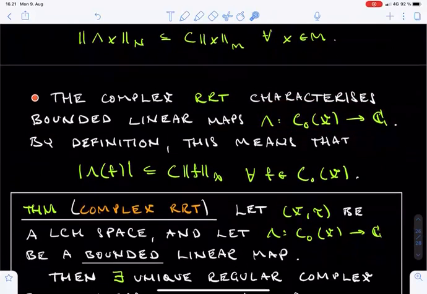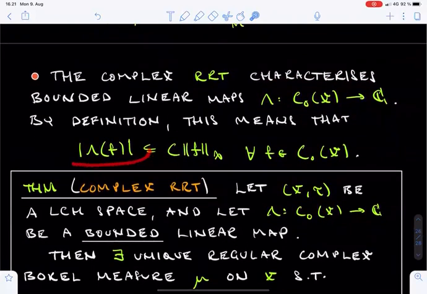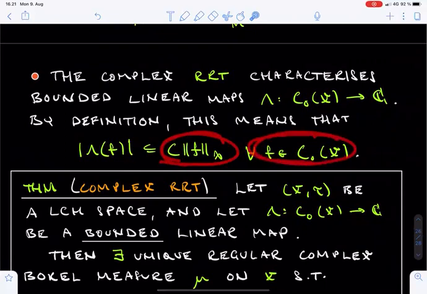For such maps lambda, boundedness means that the absolute value or complex modulus of lambda of f is bounded by c times the sup norm of f for all f in C0 of X.